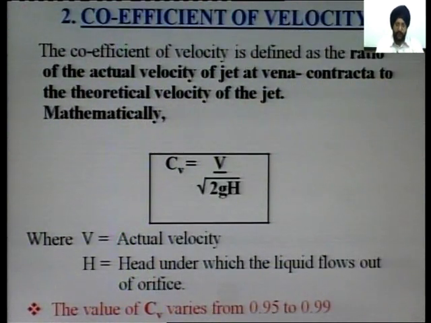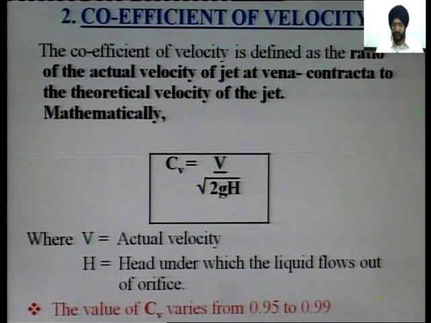Moving to the second coefficient, the coefficient of velocity denoted by Cv. The coefficient of velocity is defined as the ratio of the actual velocity, capital V, of the jet at vena contracta to the theoretical velocity of the jet. So, mathematically we can write coefficient of velocity Cv as capital V upon under root 2gh.